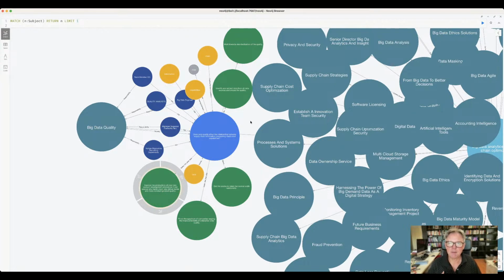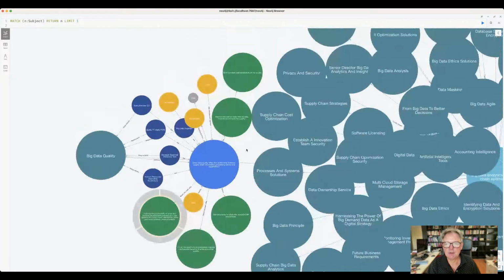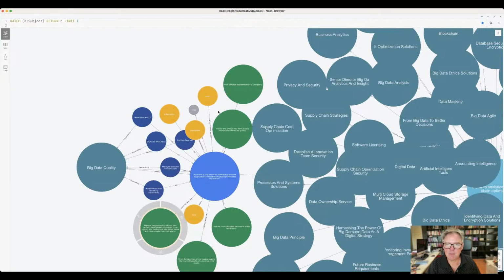For big data quality in relationship to big data analytics, these are the things that you need to be focusing on. These are the team members that you would have in place. And these are the areas that are related to that.